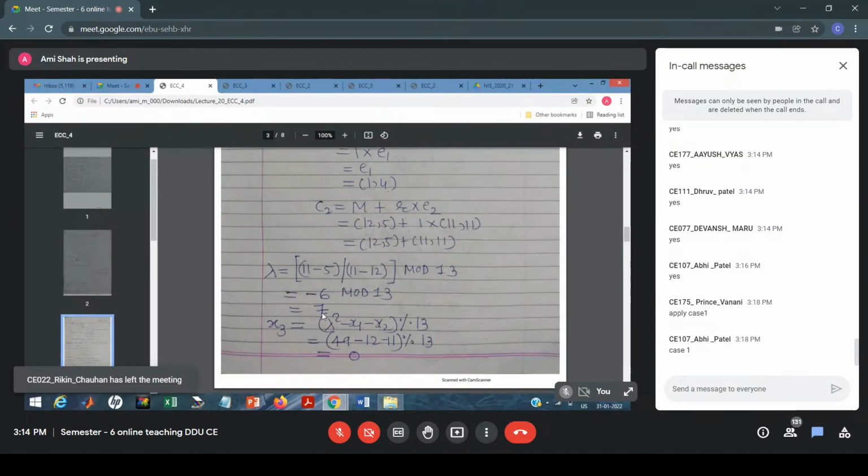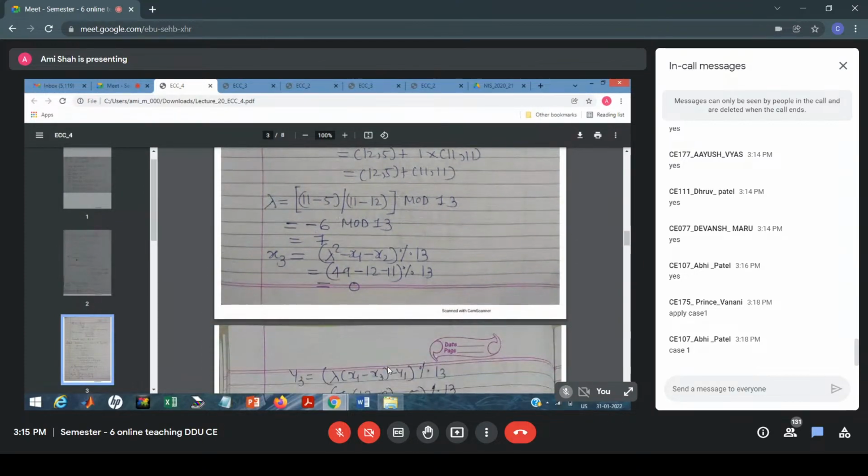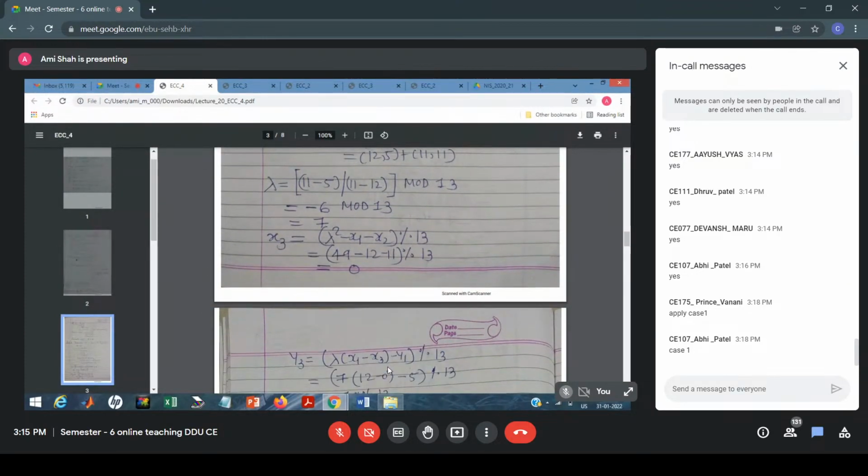Lambda equals 7. Now how to calculate x3? That is lambda square minus x1 minus x2, modulo 13. When you put in all these values, my x1 is 12 and my x2 is 11. So finally I get x3 equals 0, right?